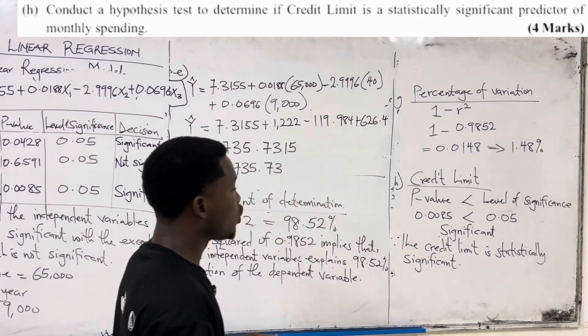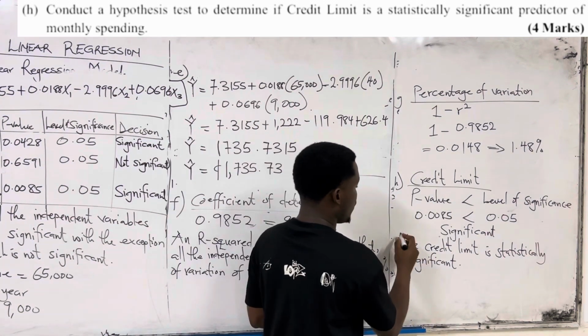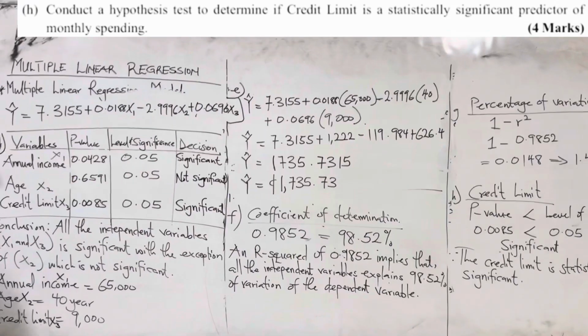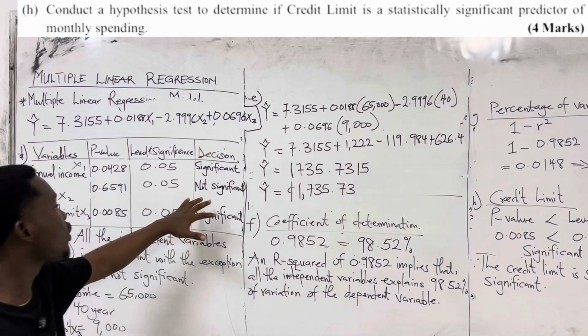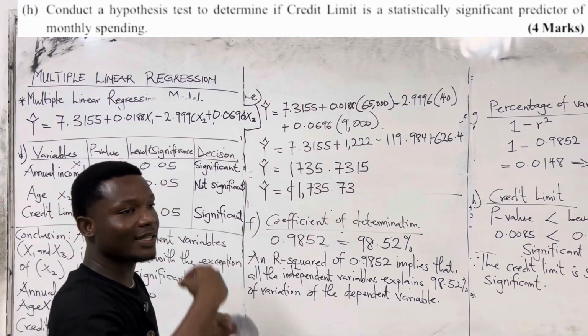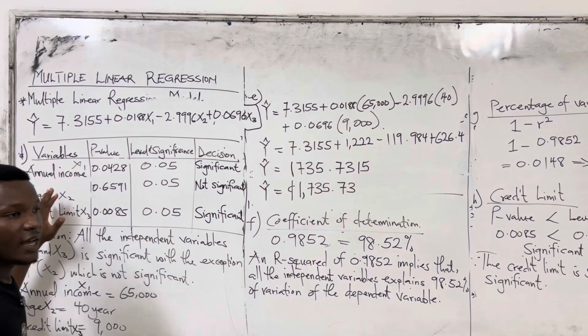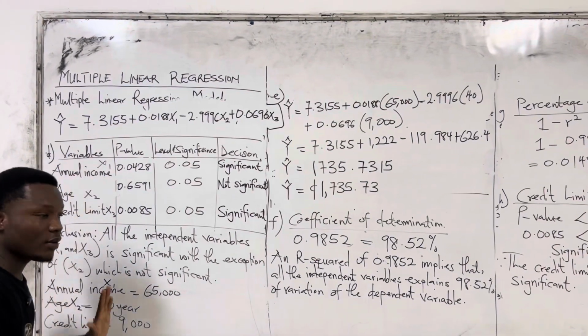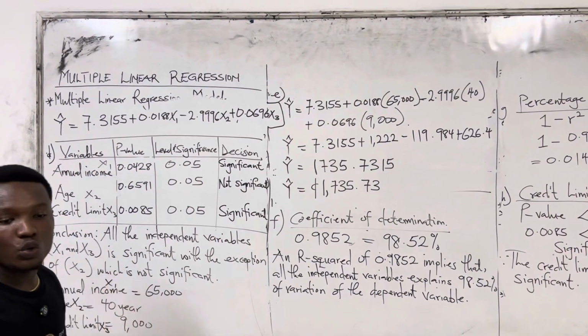So this is it, this is the retesting for the credit limit. So this is the question: multiple linear regression. It's not difficult. You just have to follow the steps. If you follow the steps, you get your 20 marks. And this is how the questions will be set.